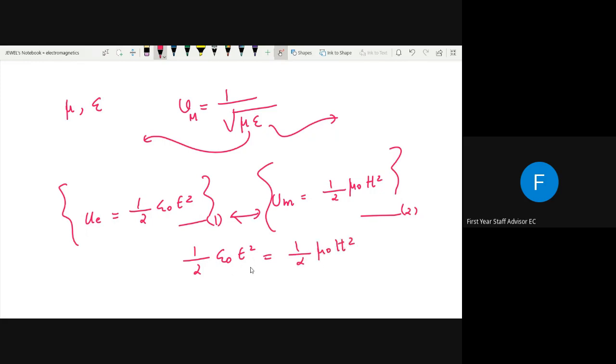We can relate E square to H square: E square by H square equals mu 0 by epsilon 0, or E by H is equal to root of mu 0 by epsilon 0. So the peak values of electric and magnetic vibrations can be related using this equation.